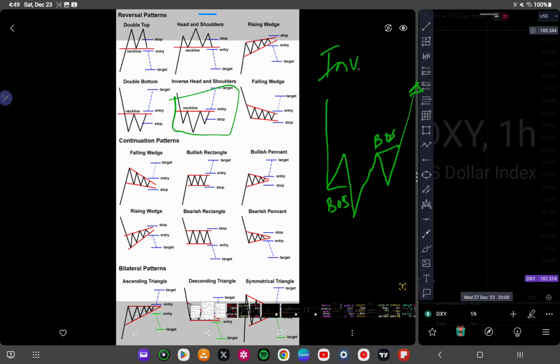So this is called an inverse head and shoulder, and that is how it works.